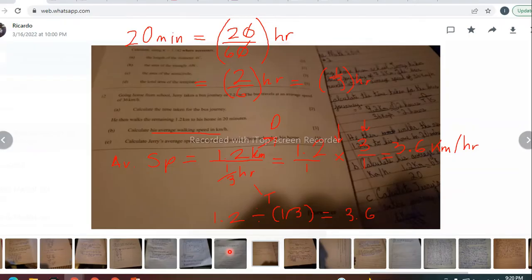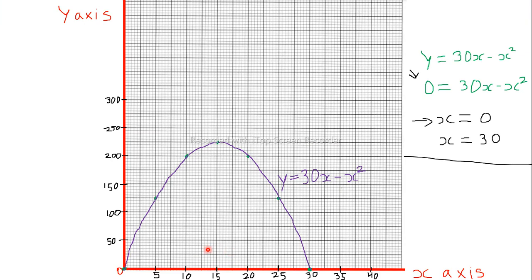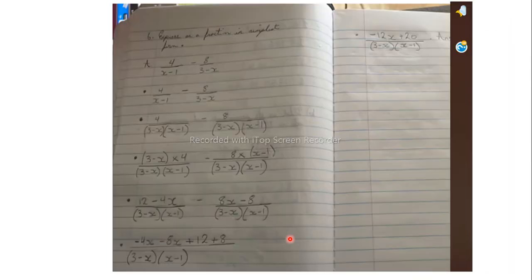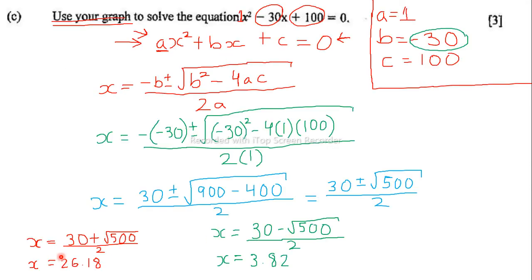Our graph yesterday was this. I just want to fix in between 50 and 100. And our solutions are 26.18 and 3.82.